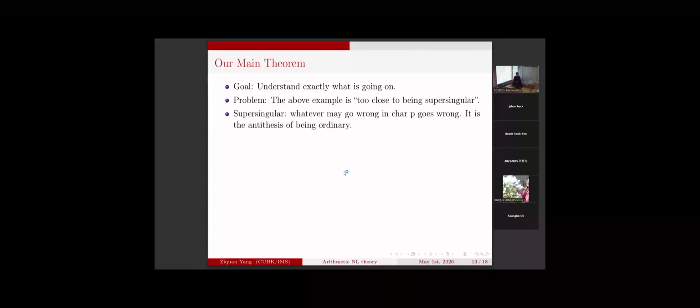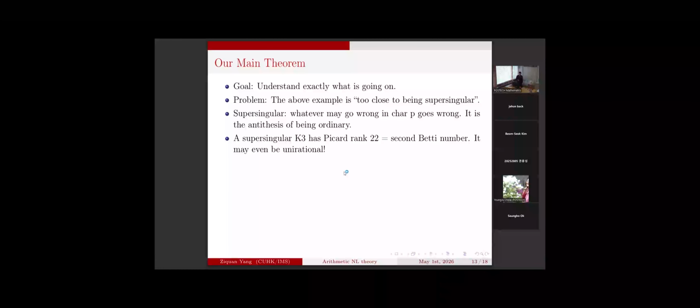So for one thing, a supersingular K3 surface has Picard rank 22, which is equal to the second Betti number. And we know that this is not possible over C, because over C you have the Hodge decomposition, and you can only find line bundles in a limited part.